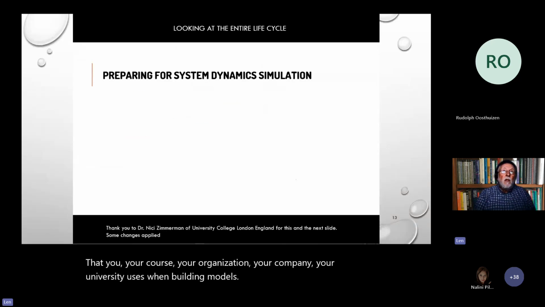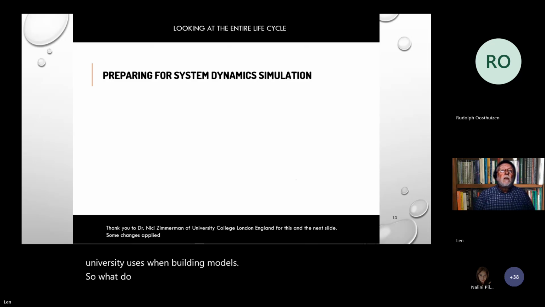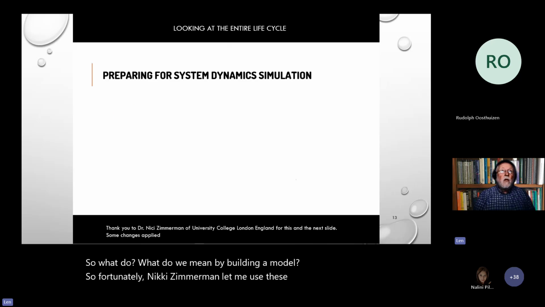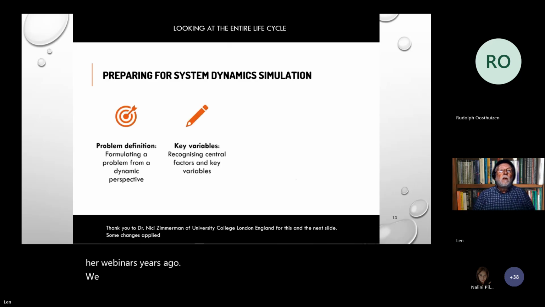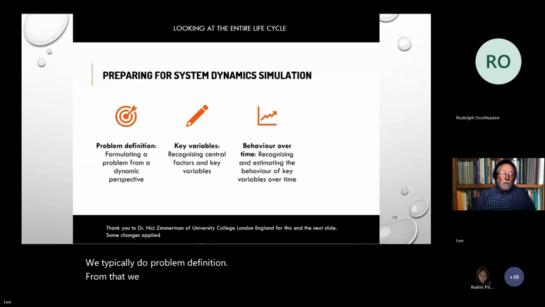So what do we mean by building a model? Fortunately, Nikki Zimmerman let me use these slides from one of her webinars years ago. We typically do problem definition. From that, we discover the key variables.